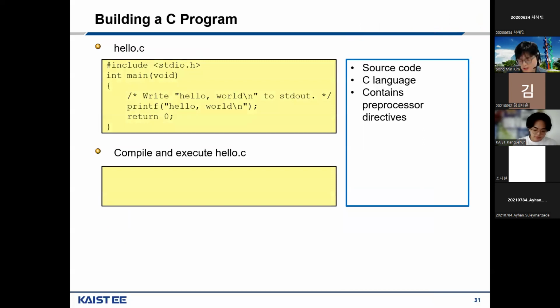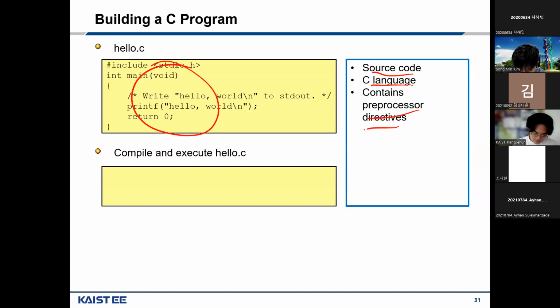Now let's move on to a little bit more depth into building a C program. So how do you write a C program? What is a C program? This is an example, hello world, that we also saw in EE209, right? It has a source code, and the C language contains preprocessor directives as well.